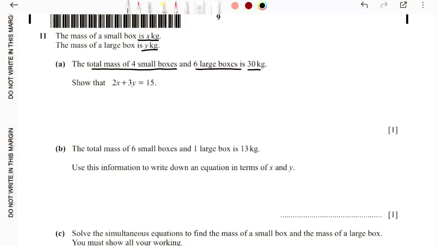First of all, we have to see that the small box is x kg, that are 4 in number. So we can write here 4x plus 6 large boxes, 6y is equal to 30.